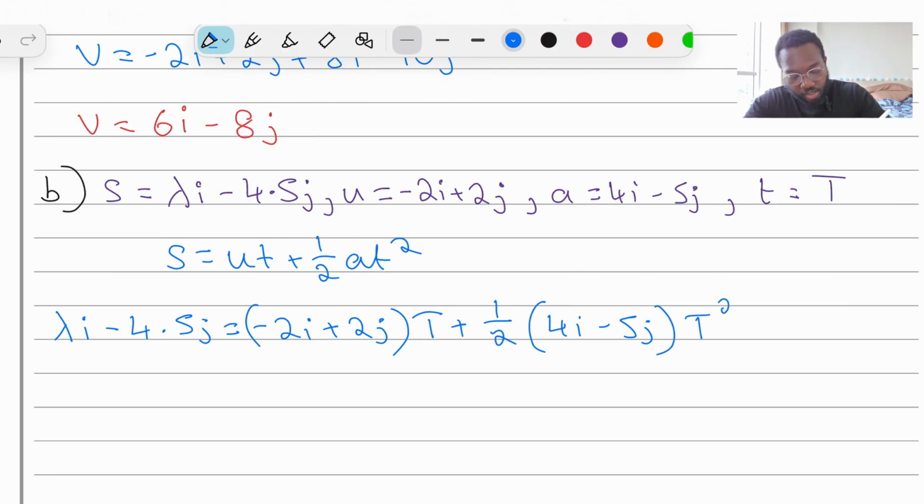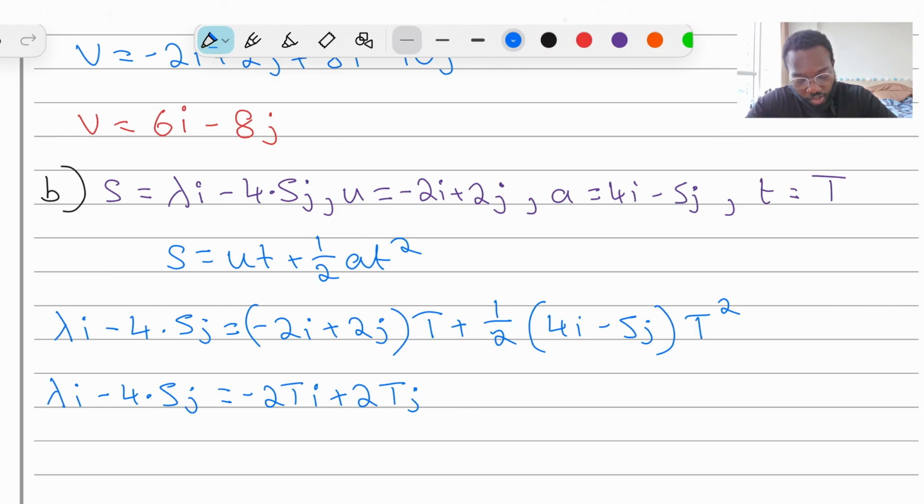Simplify this down, leave the lambda i minus 4.5j here. This would give me minus 2ti plus 2tj.